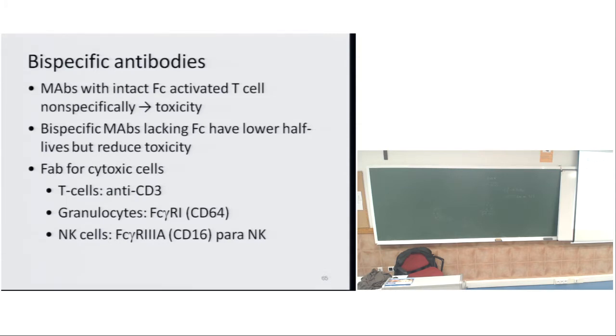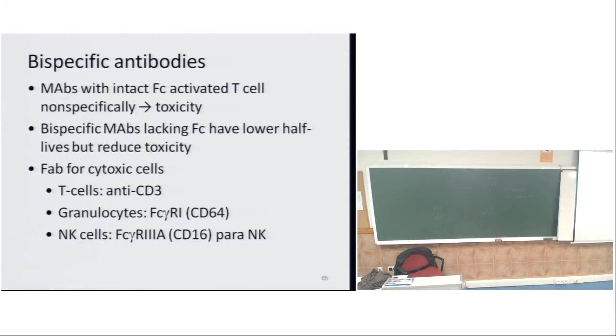In theory, monoclonal antibodies with Fc activate T cells in a non-specific way, and that generates toxicity. On the other hand, those mAbs lacking the Fc part have a lower half-life. But in bispecific antibodies, we get rid of the Fc portion. They just have the variable regions, but we can attract different kinds of cells.